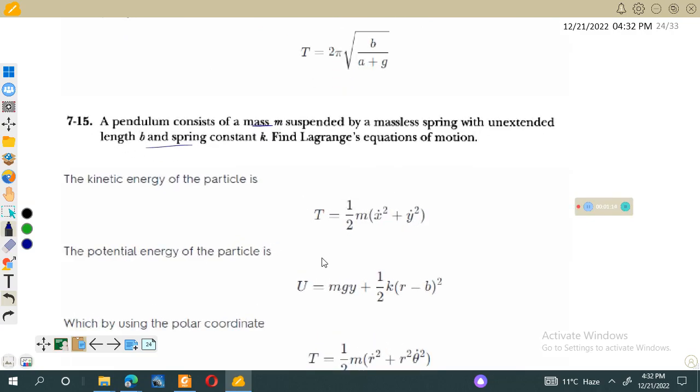Kinetic energy is equal to m over 2 times x dot squared plus y dot squared, and you know that these are two coordinates.